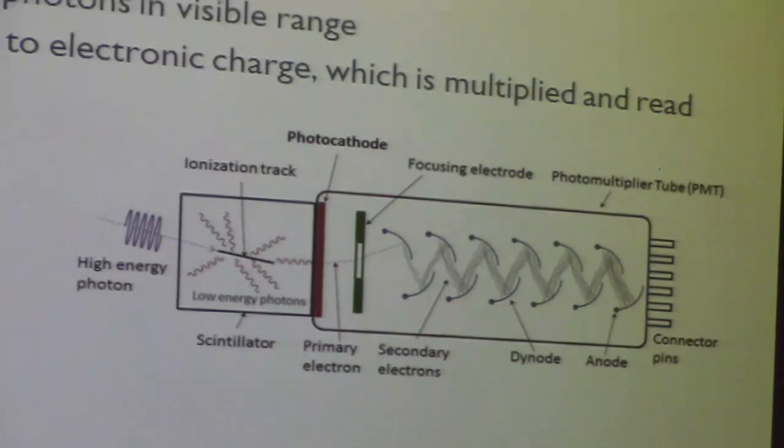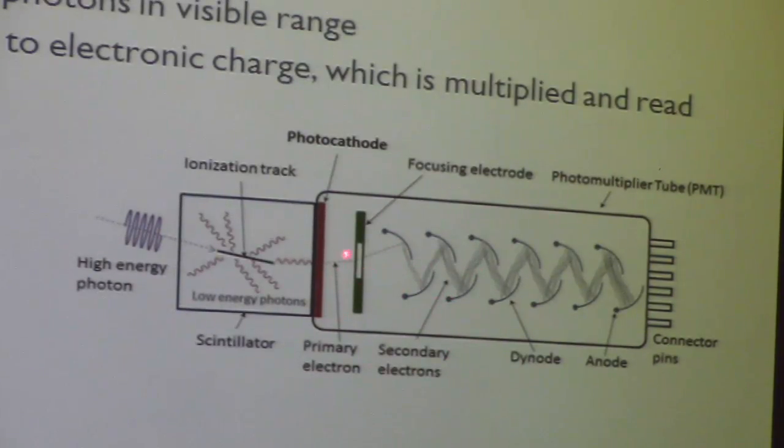The light is above the work function of that material and emits an electron. The electron is accelerated by this field and goes into these plates. Each plate is at a higher voltage than the previous one, so it bounces off that plate. This is a photomultiplier tube, so it's doing amplification.